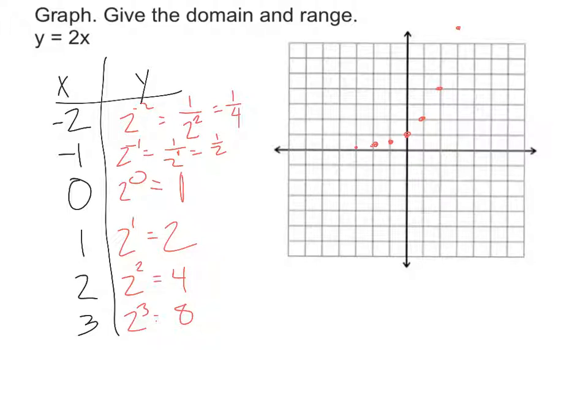There is no value of x that's actually going to give me a y value of 0. So what actually happens here, the x-axis plays the role of an asymptote. And here's the word, asymptote.